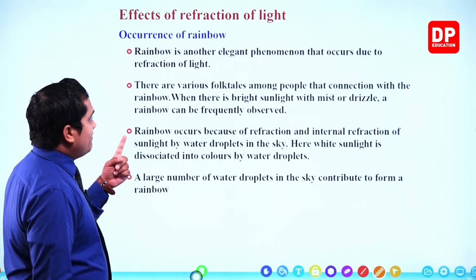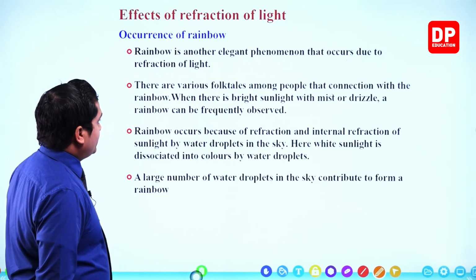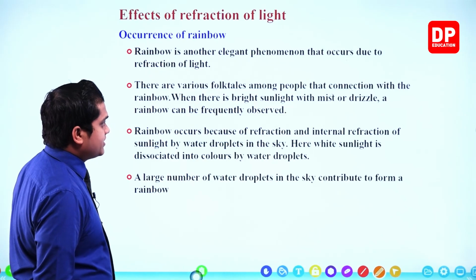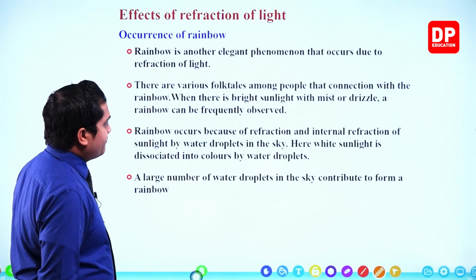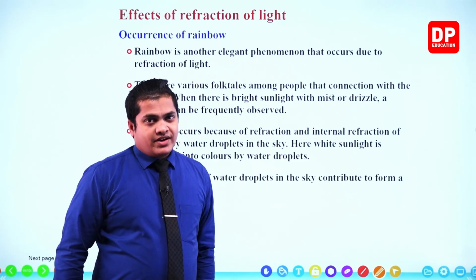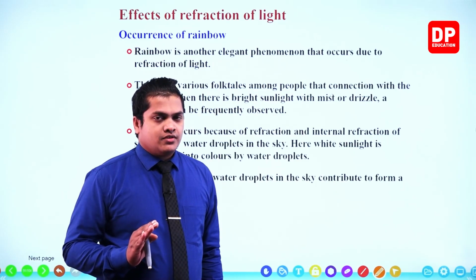So there are various folk tales among people in connection with the rainbow. When there is bright sunlight with mist or drizzle, a rainbow can be frequently observed. So even though there are several folk tales, my dear children, the true scientific idea is the dispersion.